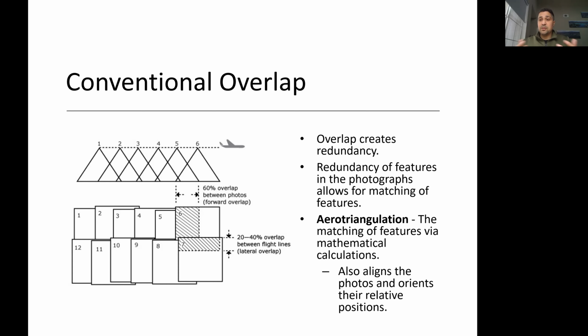But what I'm trying to say is, with a conventional overlap methodology, we would be collecting 60% forward, and 30% on the side. 60% of this area would be forward overlap, or front overlap. 30% of this would be the side.